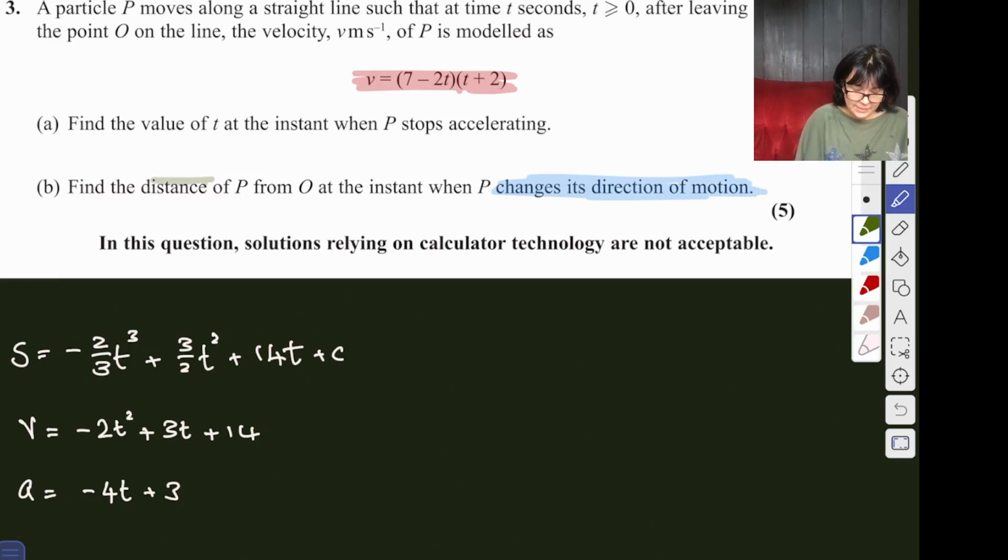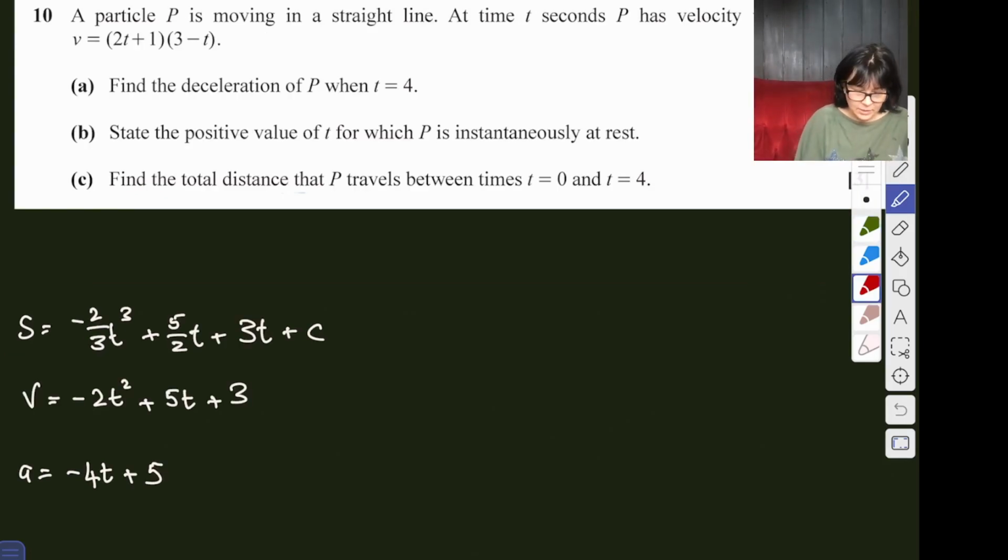And we are finding a distance between two known times. One of the times is the beginning, time 0, and the other one is this time here, where it changes its direction of motion. This is how we know it's variable acceleration. Here's instantaneously at rest, and here is the distance between two known times.